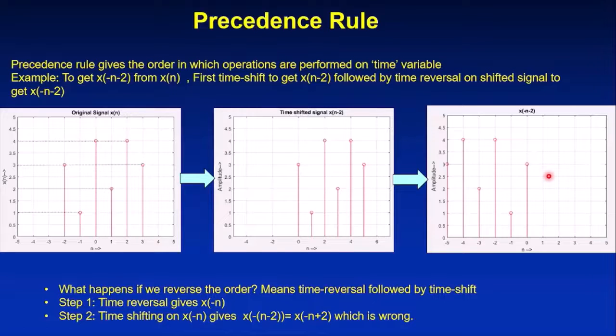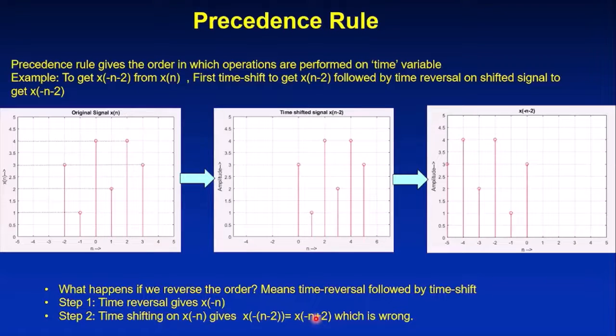Now what happens if you reverse this order? Let's say I perform time reversal first. If you perform time reversal first, you will get x of minus n, because time reversal replaces n by minus n. Then you perform time shifting. Time shifting will replace n by n minus 2, so n will be replaced by n minus 2.